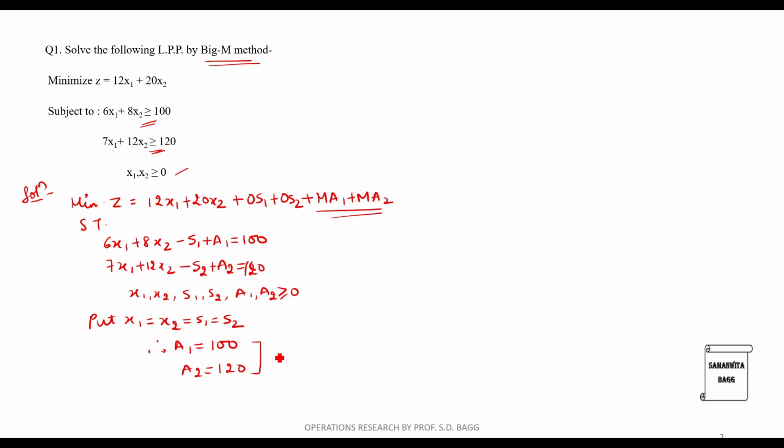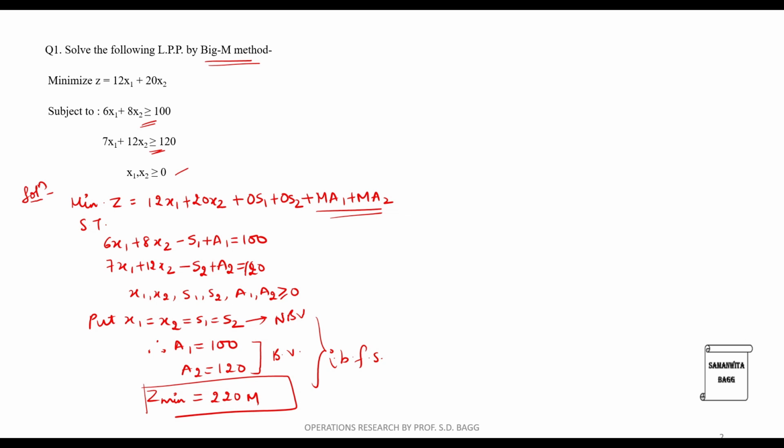So these two are now the basic variables and these are the non-basic variables. If you substitute in this equation of Z, you will find the value of Z minimum, because these are all 0, is 220M. So this is the initial basic feasible solution that we have found.